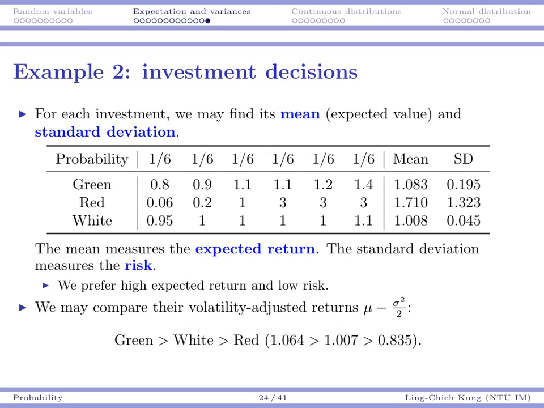And if we do so, simple calculations tell us that green has the highest volatility adjusted return, and that's greater than white, and that's greater than red. So that means if I have no other information, if I just want to follow this formula, I'm going to take the green one, because that balances the return and the risk in some way. Okay, so that's some suggestions from researchers. Okay, thank you.